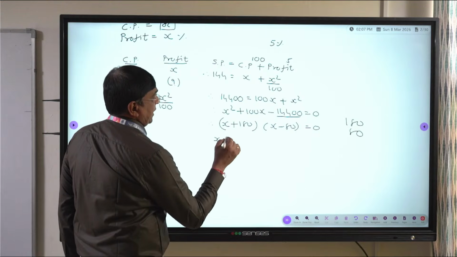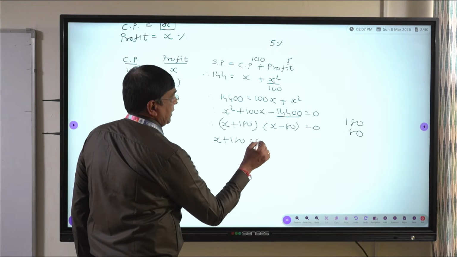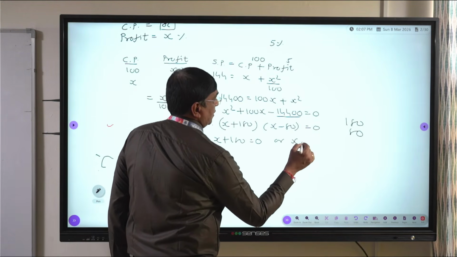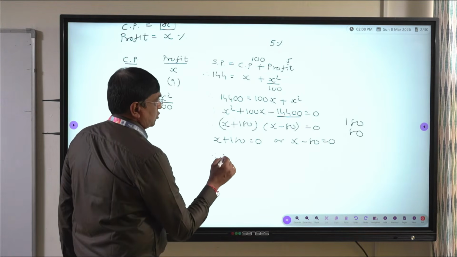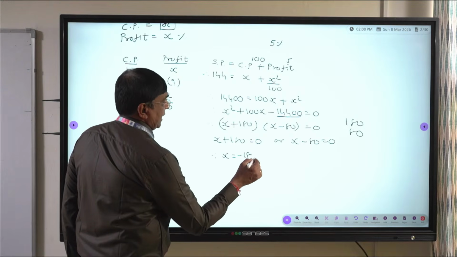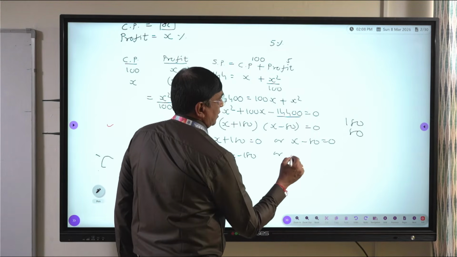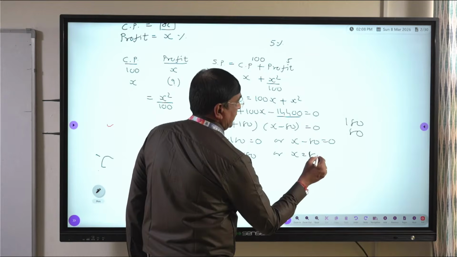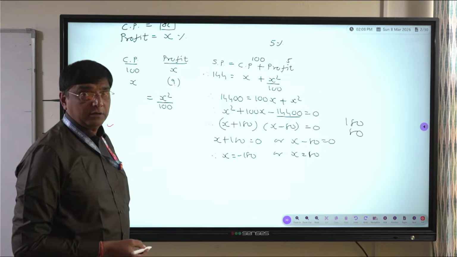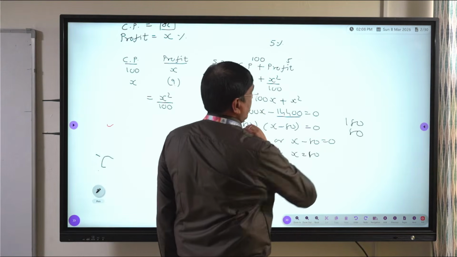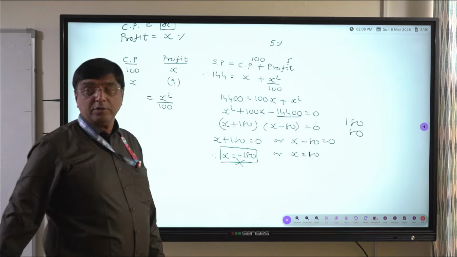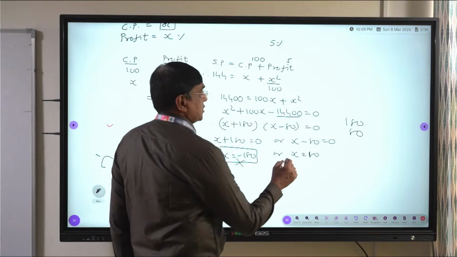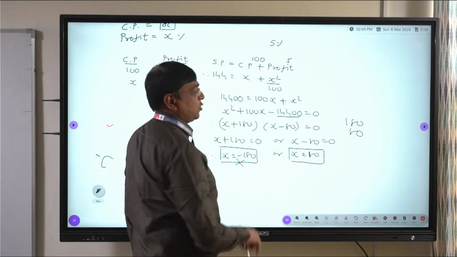So x plus 180 equals 0 or x minus 80 equals 0. So the values are x equals minus 180 or x equals 80. But we have to find the cost price, and cost price cannot be negative, and therefore the cost price of the article is rupees 80.